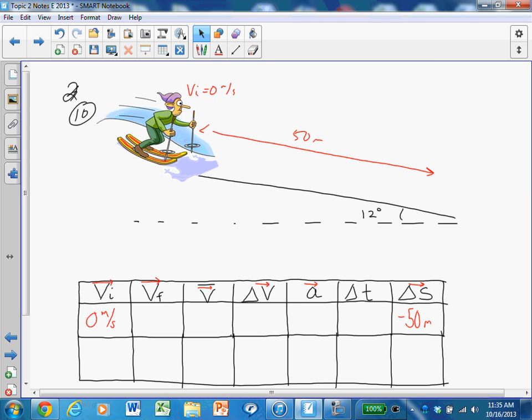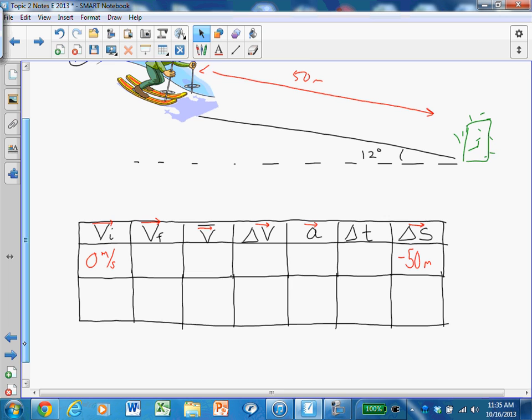We have our hay over here. That's hay stacks. So that's all that's given for the first part. But, and 12 degrees. What can we do with that 12 degrees?